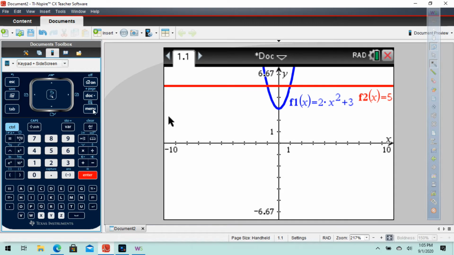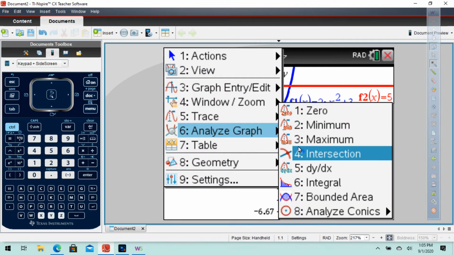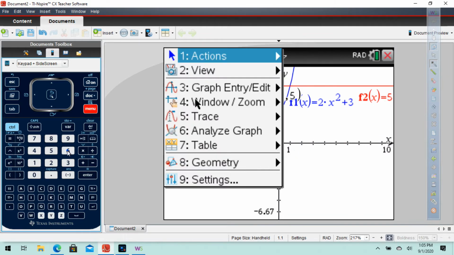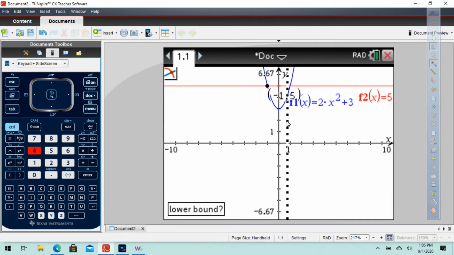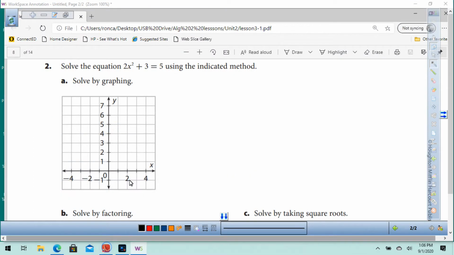Again, we find the points of intersection, menu, 6, 4, and we got x equals negative 1 and x equals 1.